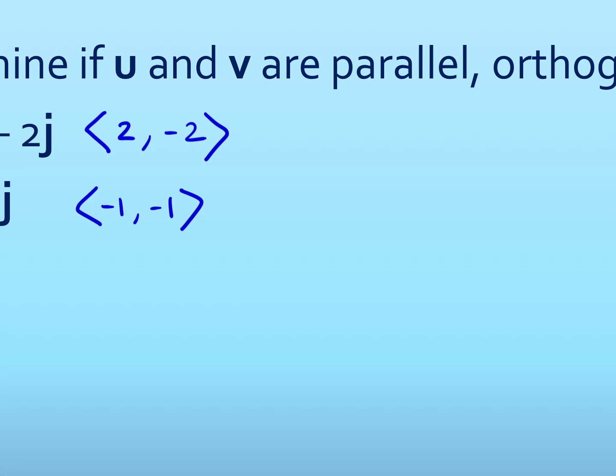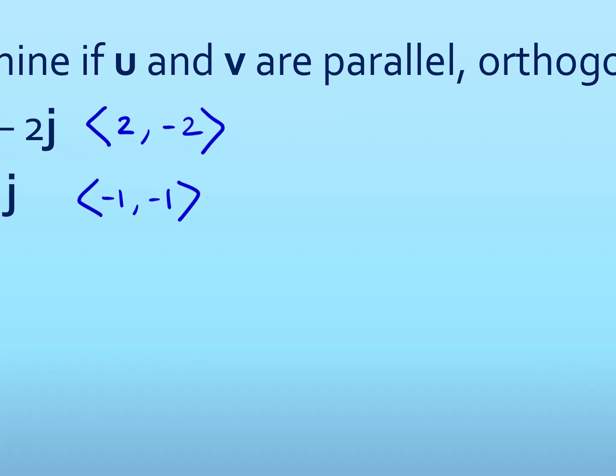Perfect. Let's see if they're parallel. So we want to see if they are proportional. So we would take the first number over the first number, so 2 over negative 1, and see if it equals the second number over the second number, so negative 2 over negative 1. Are these equal? No. They are not equal, so they are not parallel.